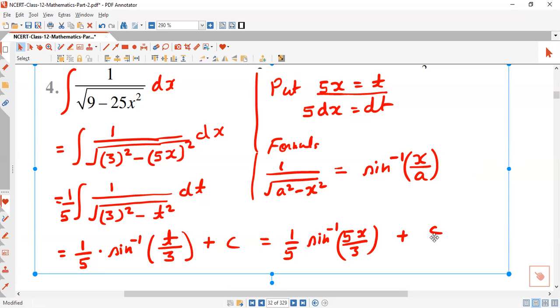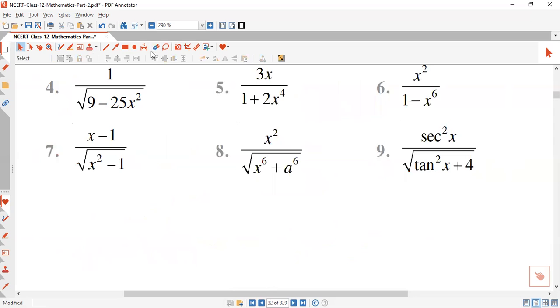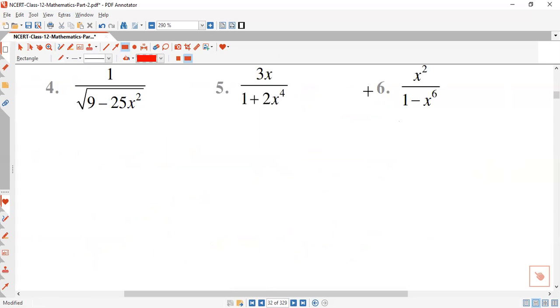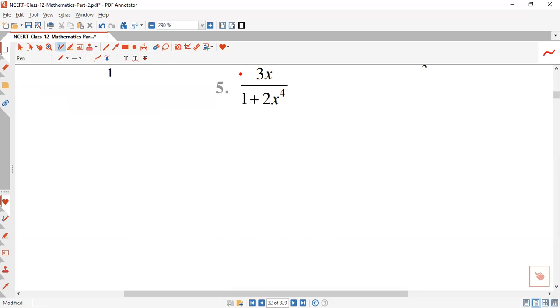Now, question number 5. Here you see we have a numerator and we have a denominator. Can I make this numerator removed from this question? Or make some simple function of a square plus x square in the denominator?